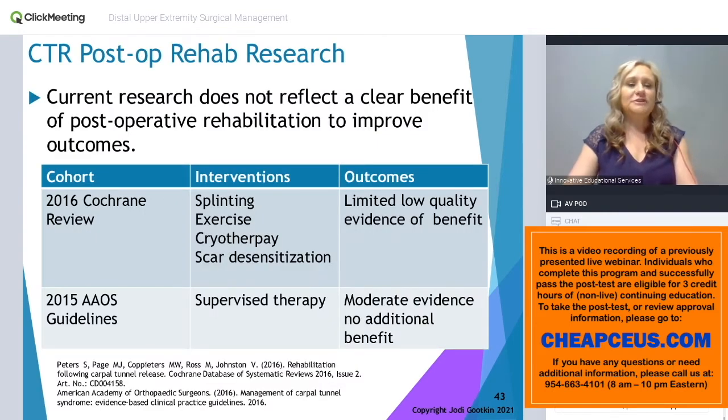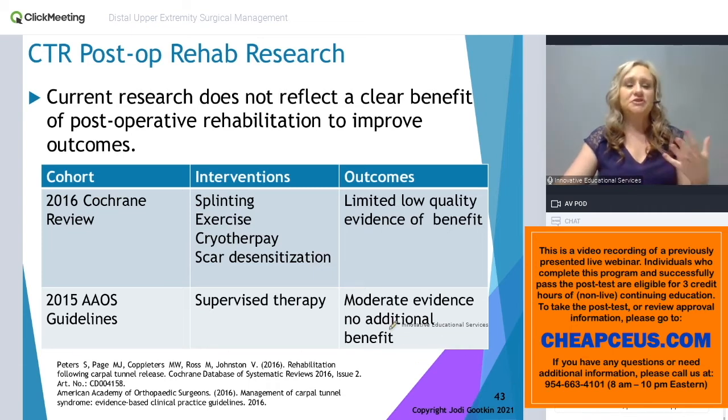Looking at the research, this was a little disconcerting, I will be honest, but I'm just putting it out there. I looked at studies on the benefits of rehab following carpal tunnel release surgery, including a large 2016 Cochrane review and the American Academy of Orthopedic Surgeons in 2015.